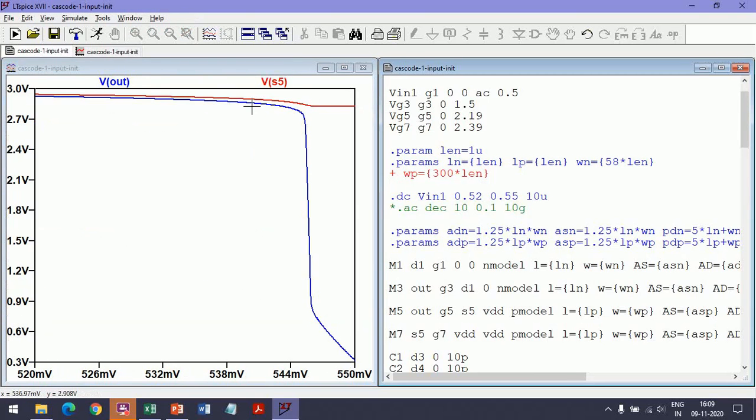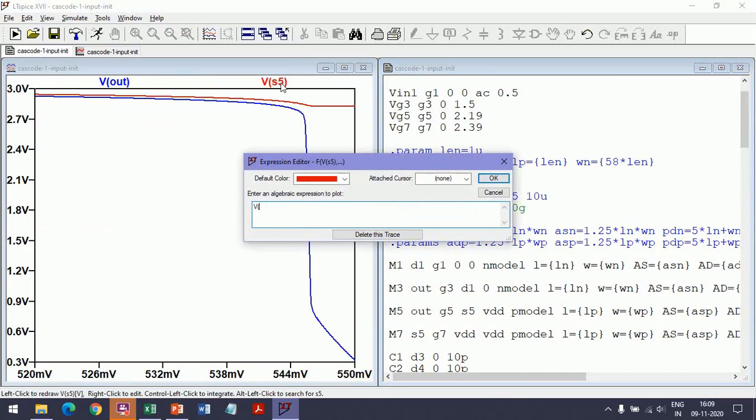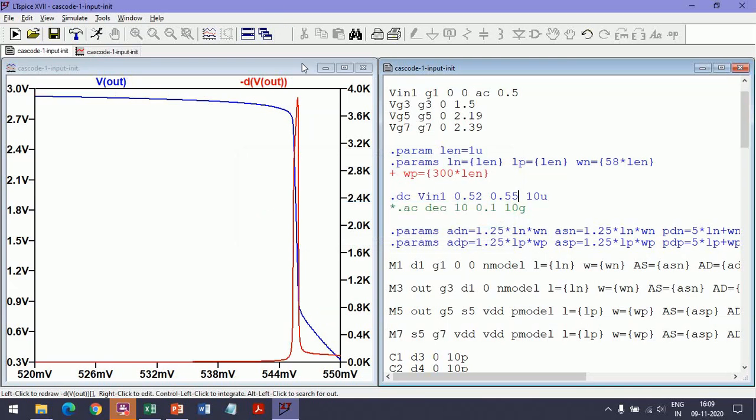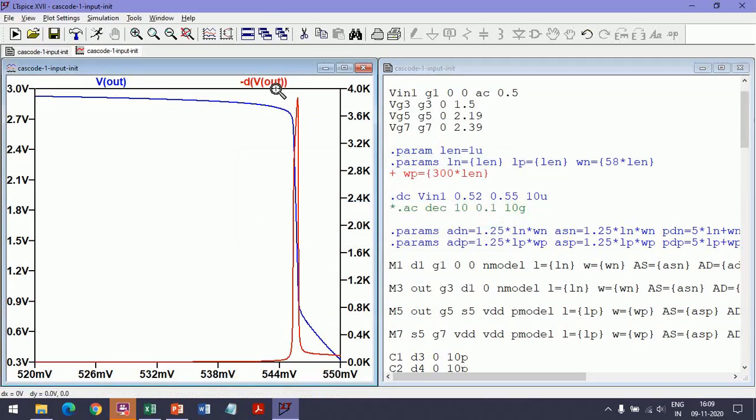All right, so V out is dropping sharply, which is where we want to place the transistor. Let me make this the derivative of V out.